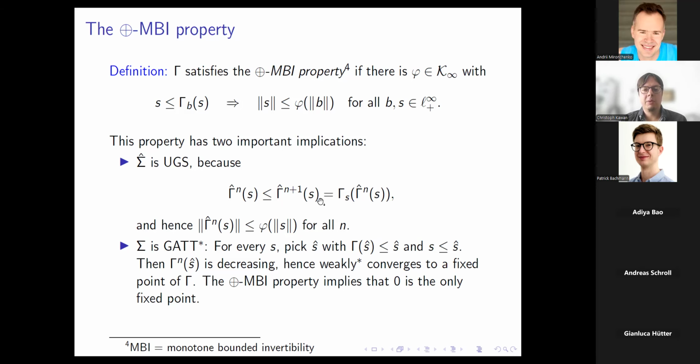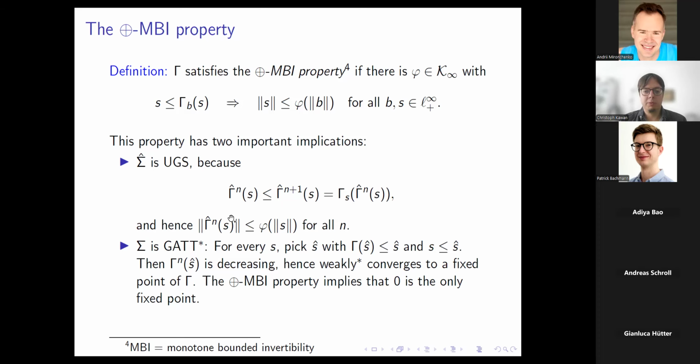Now we compare this inequality to this one here. If we replace this S by this and B by S, then this definition just says that the norm of gamma hat to the n of S must be bounded by phi of the norm of S for some k-infinity function phi, which is independent of everything. So this precisely means that the system is UGS.